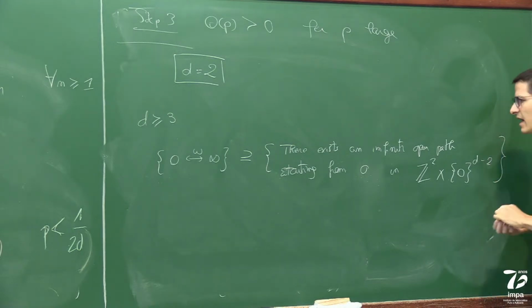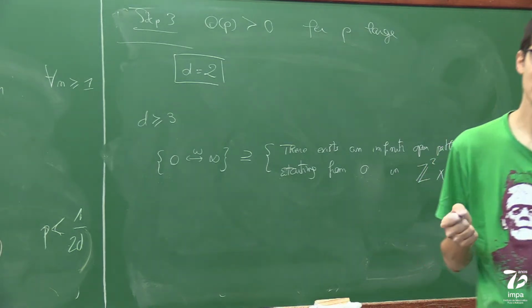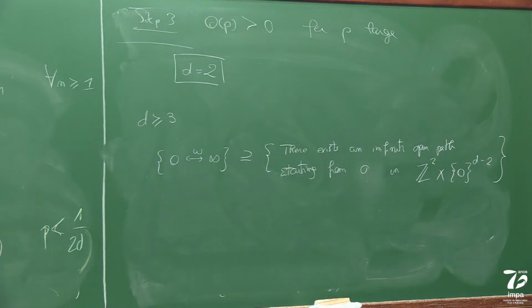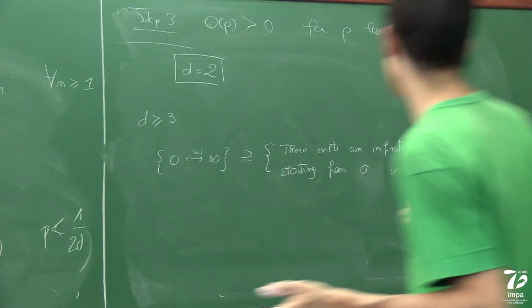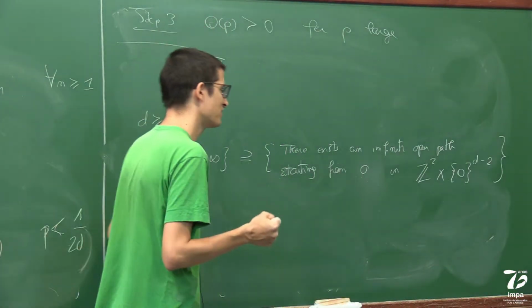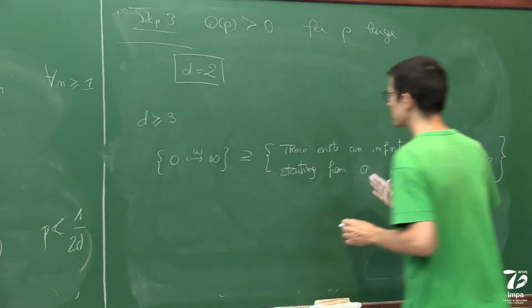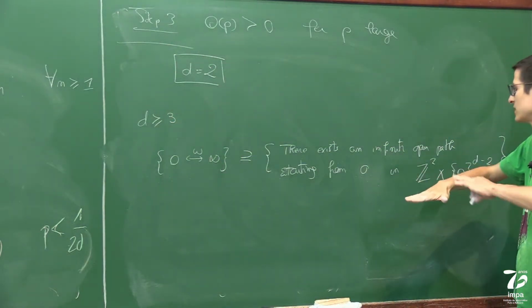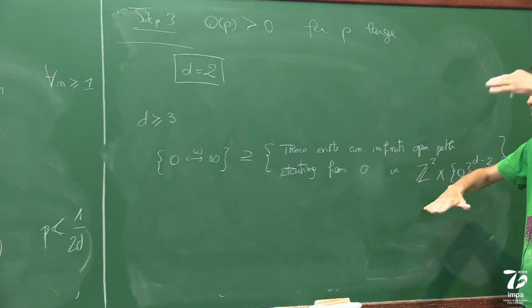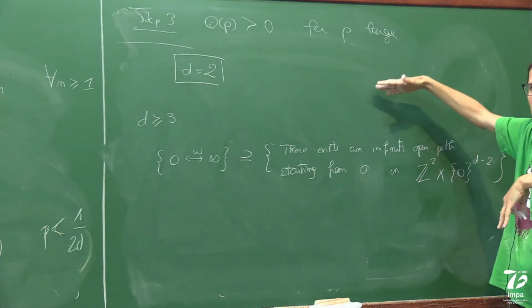Asking that I have an infinite open path in Z^d, well, it's actually less restrictive to say that I have an infinite open path, but in the slice of Z^d on which all the coordinates larger than 3 are 0.